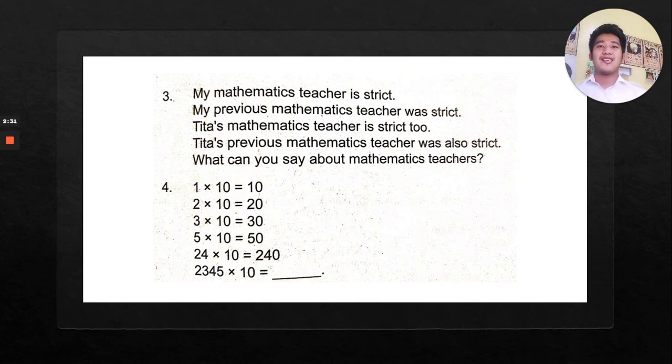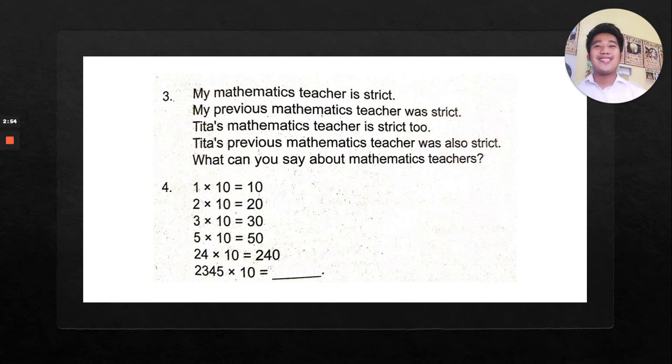My mathematics teacher is strict. Oh, my previous mathematics teacher was strict. Oh, is that true to you? Me? No. How about Tita's mathematics teacher is strict too? And then Tita's previous mathematics teacher was also strict.